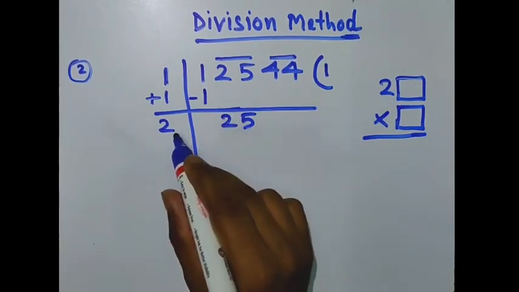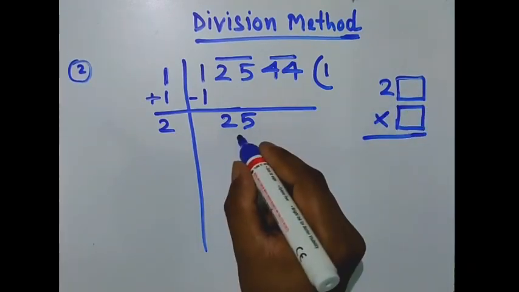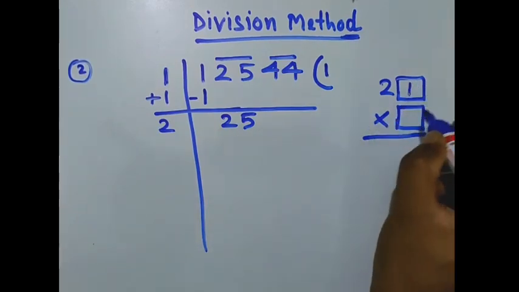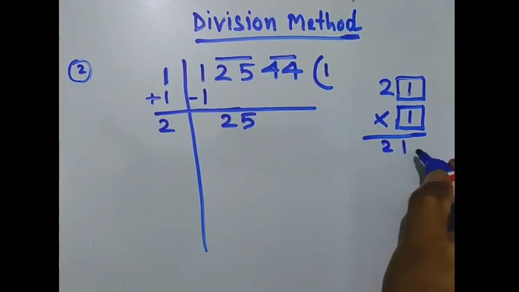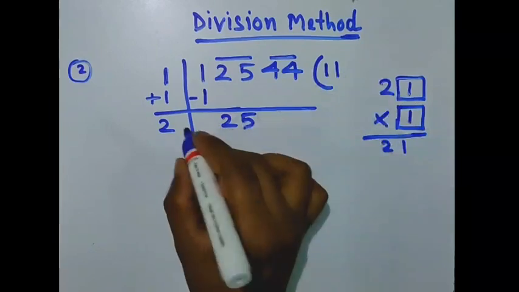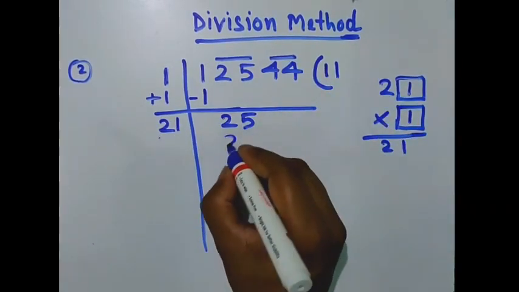So let's take 21. 21 ones will give you 21, isn't it? So we can simply say 21 times 1 will give us 21. So we'll multiply 21 here also, write 1. So 21 times 1 will give us 21.